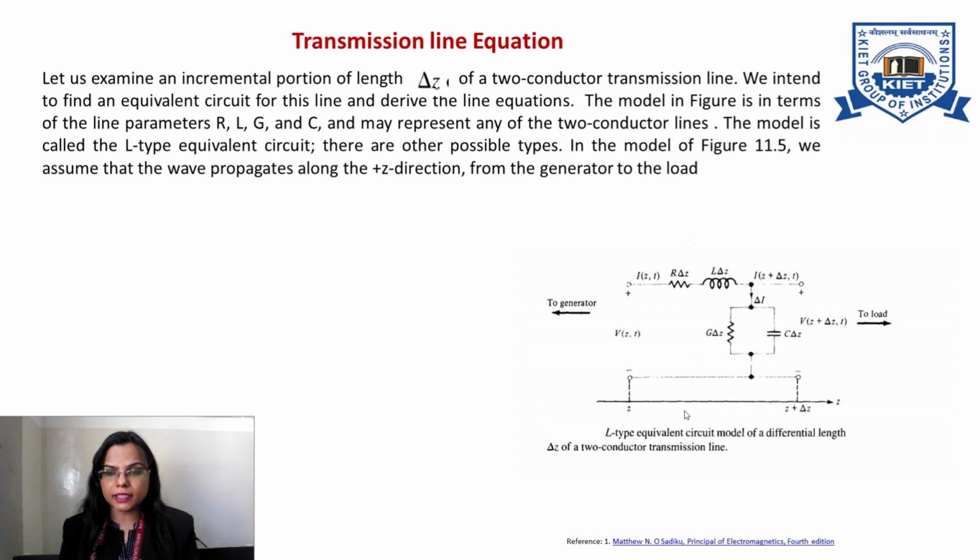This is z and this is the incremental length z plus del z. Current is flowing as a function of z and t, and this is R del z, L del z, and this is conductance and capacitance. Here is the voltage difference and here is the input voltage, towards the generator.